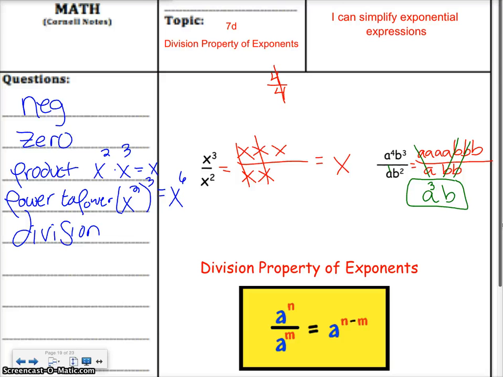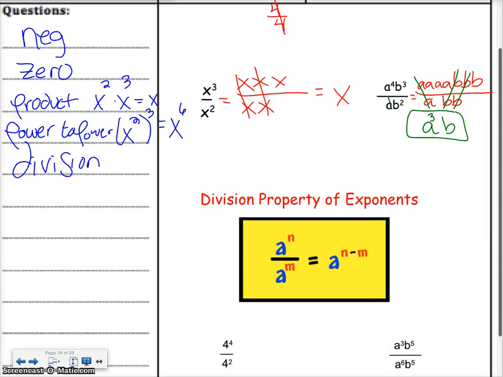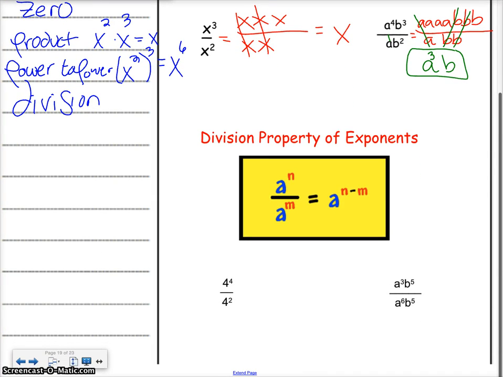That brings us to the division property of exponents, which states a to the n over a to the m is equal to a to the n minus m, meaning you can just subtract the exponents.